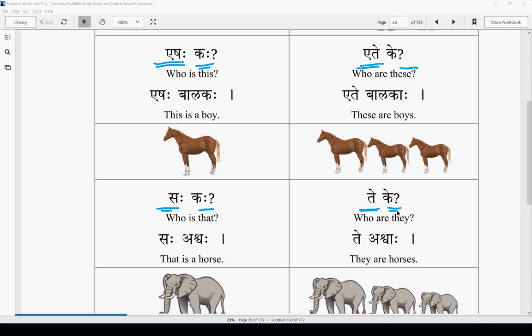So Kaha is Ke, Eshaha Ete, Saha Te. And similarly, Balaka changed to Balakaha, Ashwaha changed to Ashwaha. So note the pattern of changing for the pullingam words ending in A and Visarga. A and Visarga changes to A and Visarga in the plural.